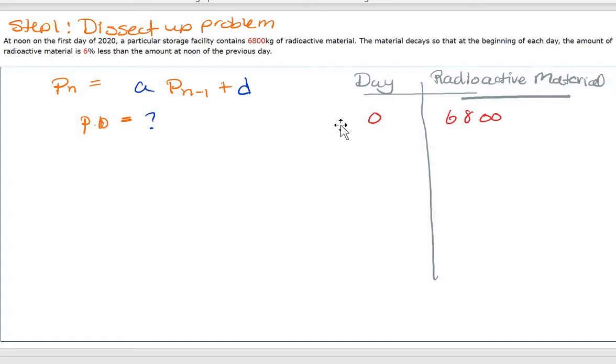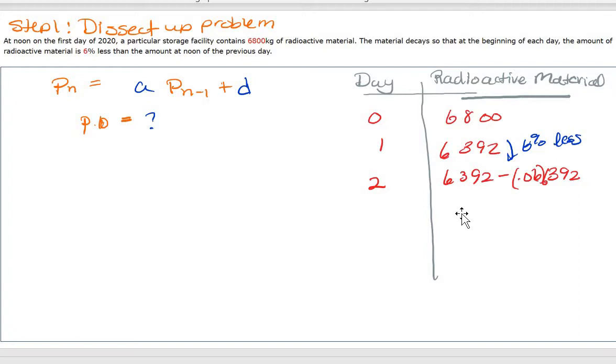And now I do the same Dr. Cottom thing. They tell you that they're 6% less the next day. Well, if they're 6% less on day 1, I have to take 6,800 and subtract 6%. It's a little bit different than Dr. Cottom's because he wanted to retain 70% of his patients. Here, we're losing 6% at a time.